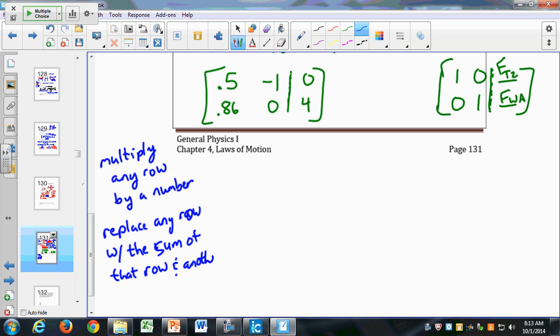I'll show you what this means in just a second. So, for example, I can multiply the first row by 2, and instead of 0.5, -1, 0, it will become 1, -2, 0. Multiply every number by 2. And then I could replace any row with the sum of that row plus another row. I'll show you what that means as we go through. Oh, and then you can switch the positions of rows.